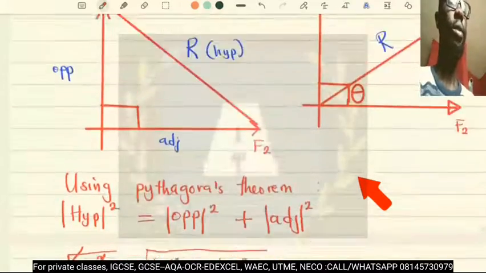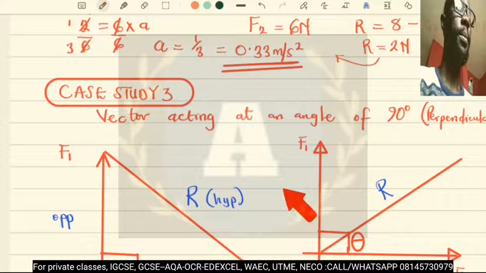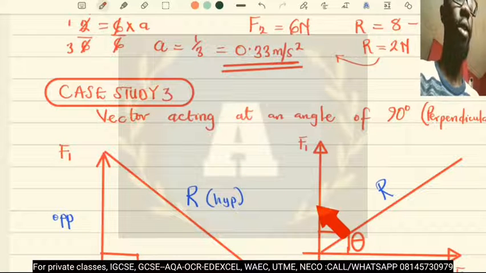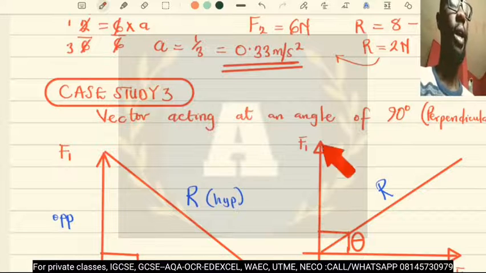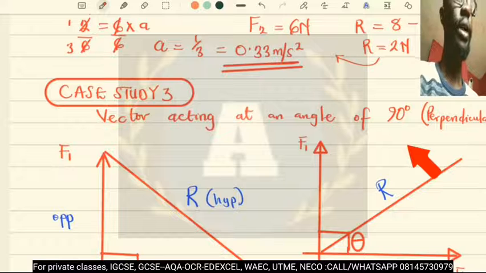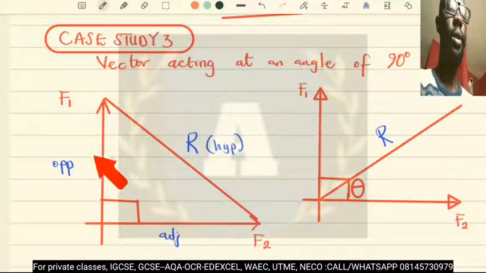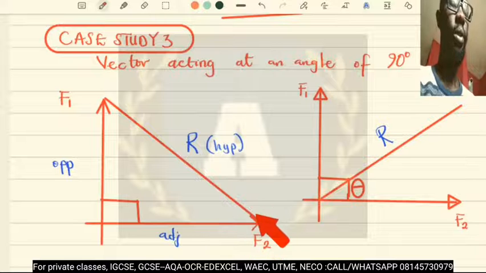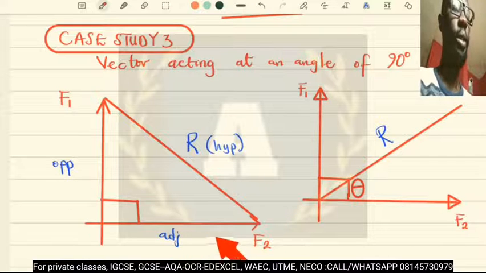The third case, case 3, is always very important in most of our exams. Now let me quickly revamp: when the vectors are acting at an angle of 90 degrees, you have F1, F2. You draw the resultant, which is the hypotenuse. This is the opposite and this is the adjacent.